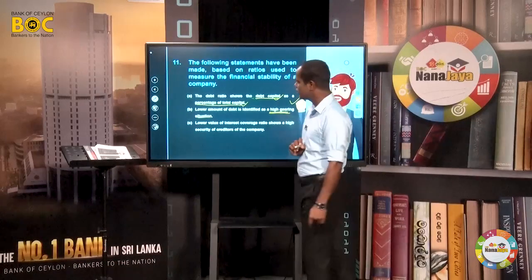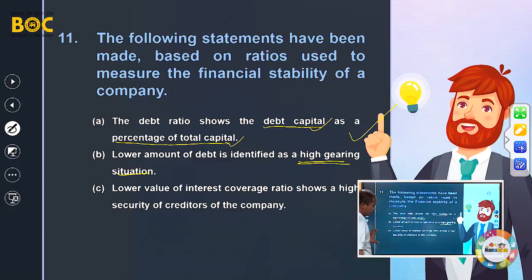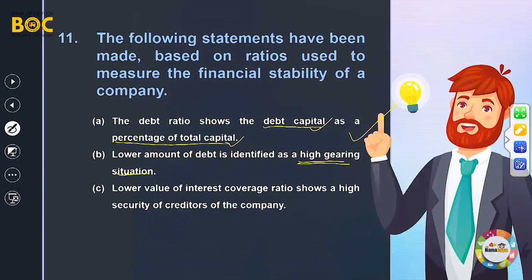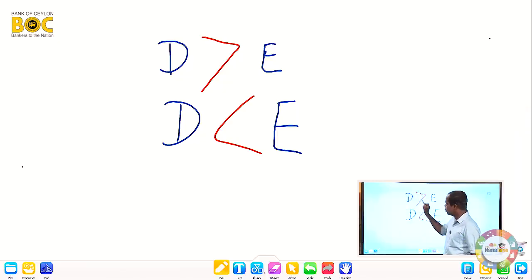Going back to the statement: a lower amount of debt is identified as a high gearing situation. Low debt means low geared, and high debt means high geared company.